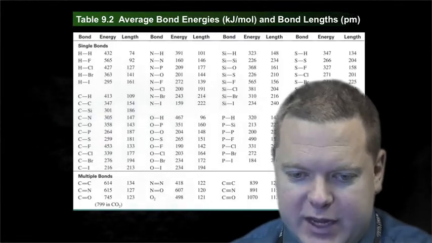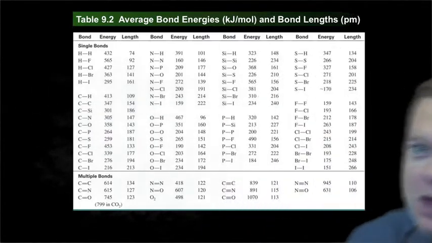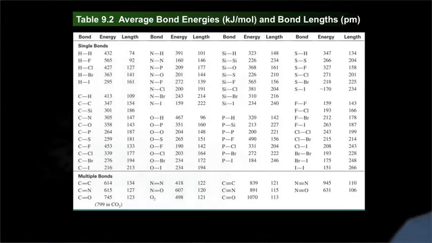We can look, for example, at the bottom here. If you look at it closely, you can see carbon and carbon. The average bond energy for a carbon-carbon single bond, with a bond order of 1, is 347, and it has a length of 154 picometers. If we look at the double bond down here at the bottom, then we have an energy of 614, again higher in energy, and the distance has gotten smaller.